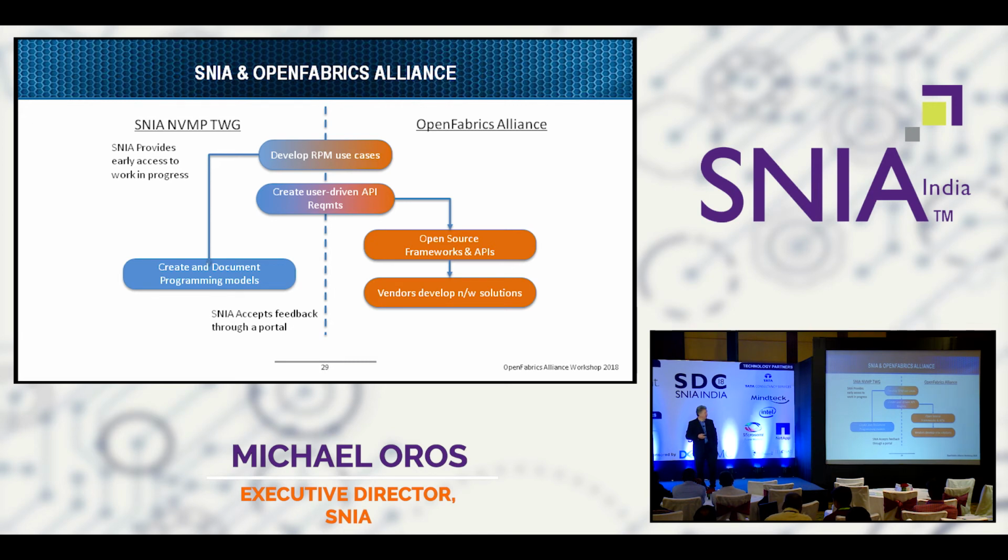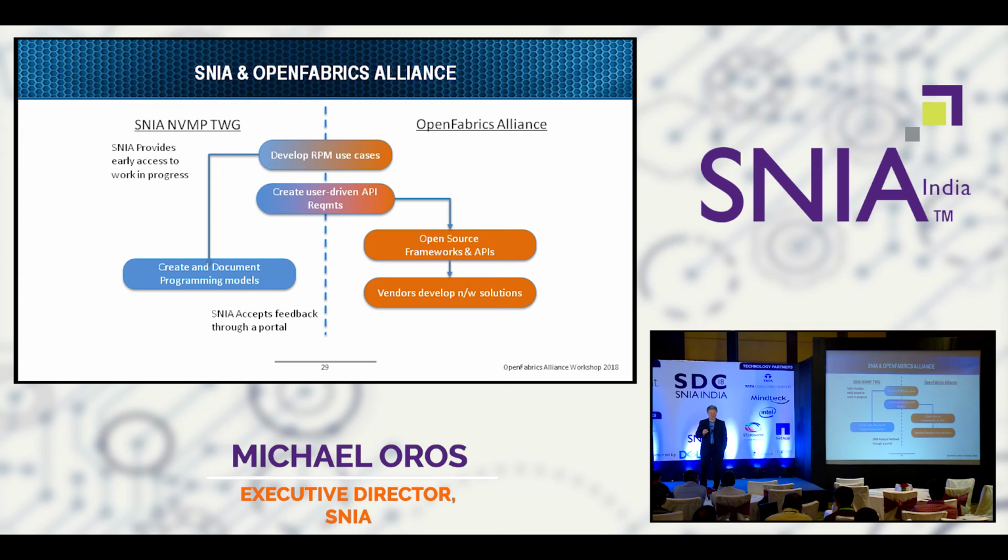So with the OpenFabrics Alliance, essentially the agreement we put in place is that we will work together on developing the use cases. SNIA will take on and create and document those programming models. We have the most expertise in this space. And based on those, we will feed them in and actually create user-driven, so real-world beneficial use case, user-driven APIs, because SNIA doesn't write APIs.